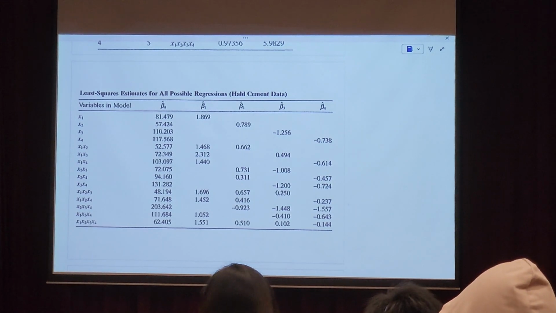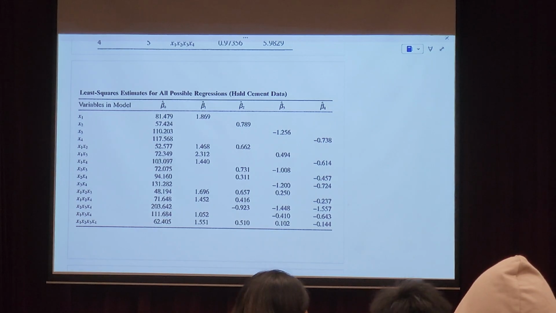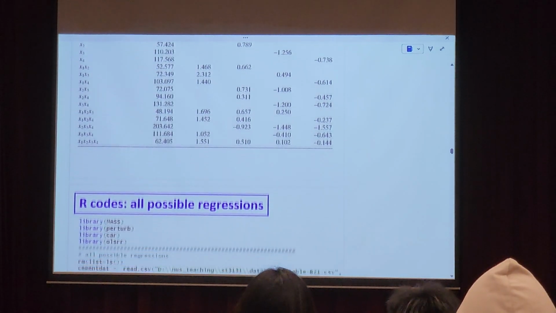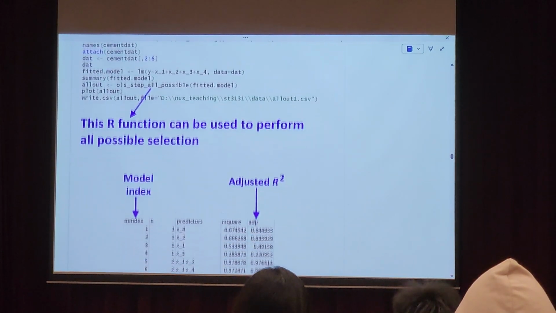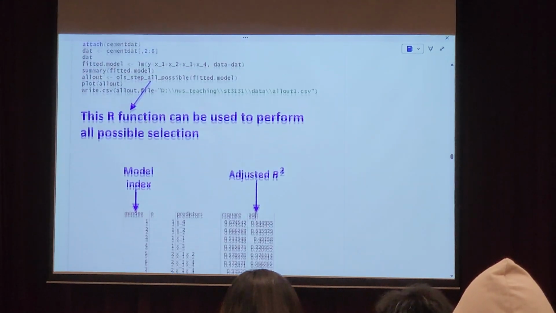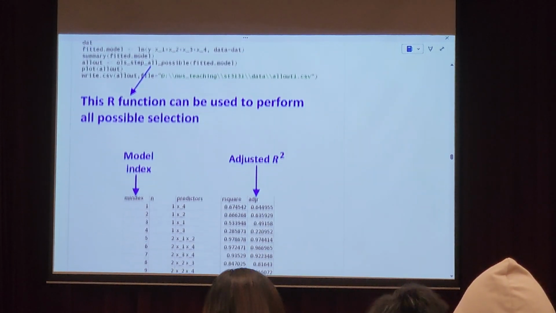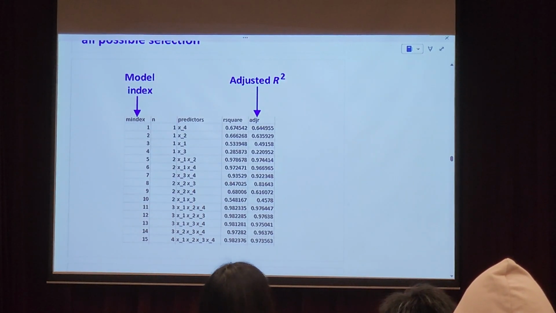I guess you can't see very much here. It's just least squares estimates for all the regressors. No, you can still see. Now, here is an R program for us to find this.